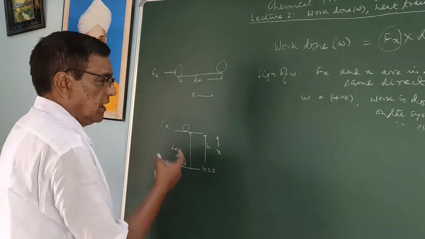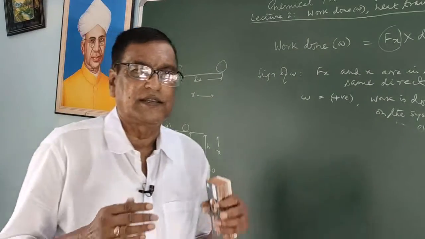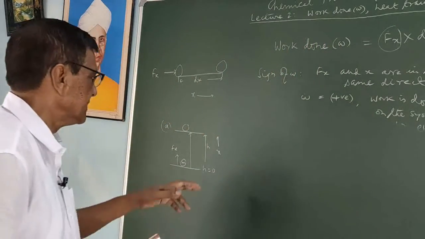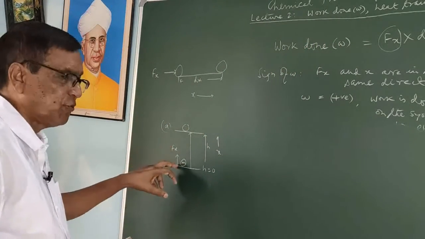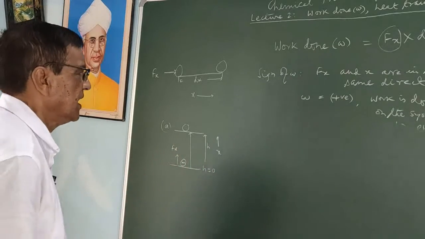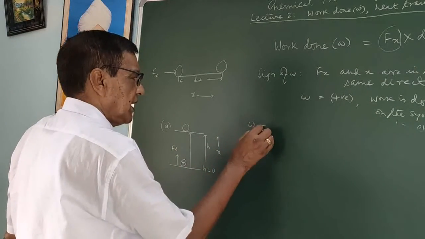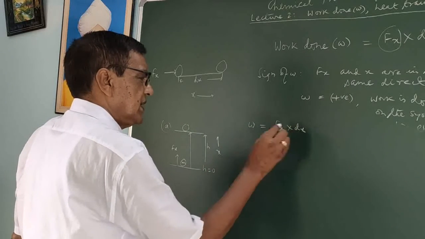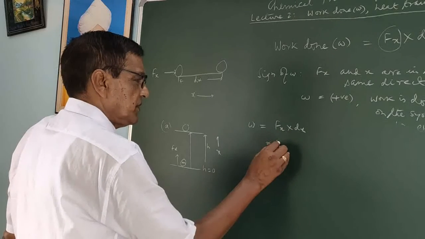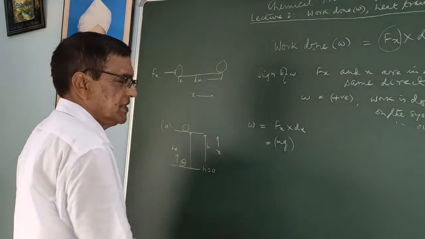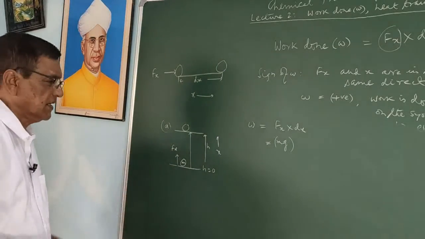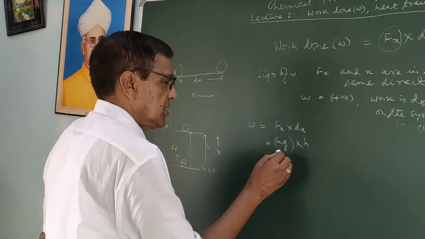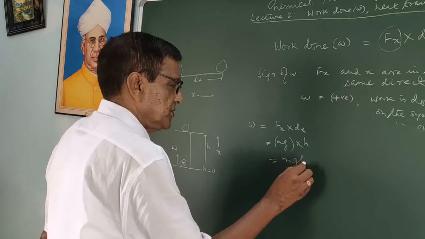So it is the gravitational work, meaning the work is done on this body against gravity. In this case, the displacement and the applied force are both in the same direction, so W, the gravitational work, equals the integral of Fx dx, where Fx equals mg. Mg is the force by which the body is being lifted, and with height h it equals mgh.